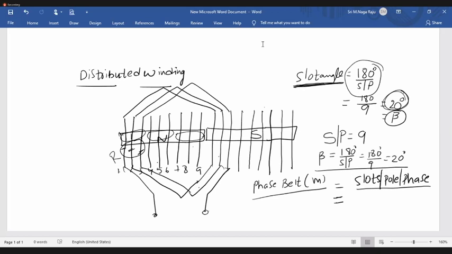How many poles? 2 poles. How many phases? 3. Okay. So 18 by 6, that is 3. This 3 means under one phase, we have 3 conductors under one pole. This is called phase belt M.